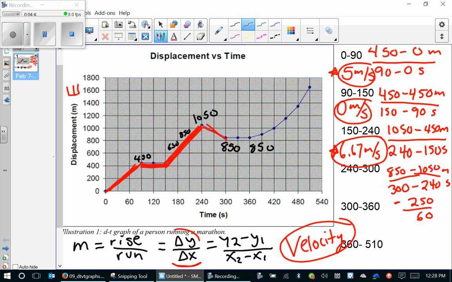So we would get a negative velocity. Sorry, we're not slowing down. We are going in the opposite direction. So we've turned around and we've had to go back because our displacement, we have to go back to 850 meters. Okay, this section right here, we're going to have a 0 velocity because we're not moving at all. So negative velocity here.